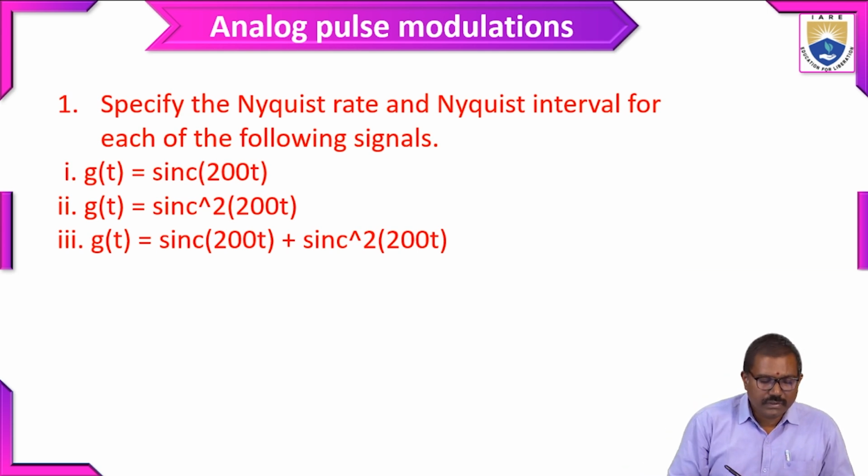In this problem, we have 3 parts. The first part is g of t equal to sinc of 200 t, a sinc pulse.